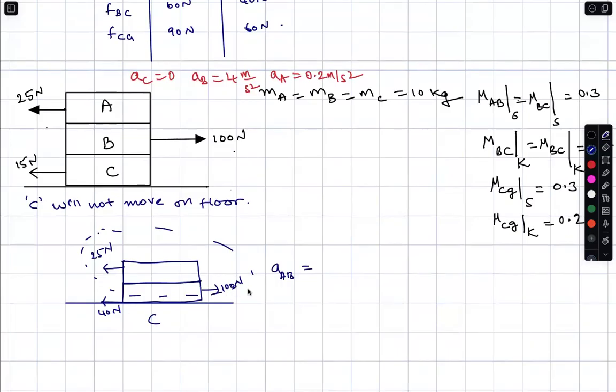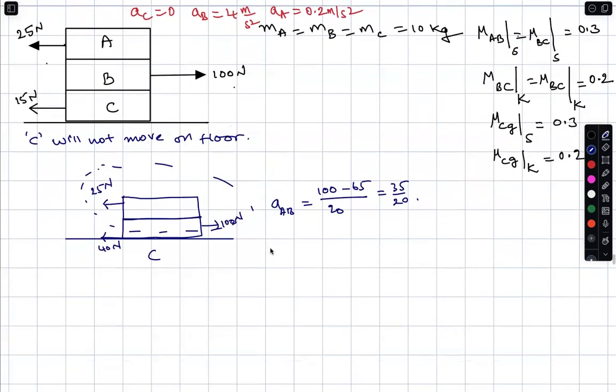You have 100 newtons, left side 25 newtons, left side 40 newtons, all together 100 minus 65 by 20. This is a rough estimation, it is not a fair way of doing this. This is 35 by 20, less than 2 meter per second square, more than 1.5 meter per second square.